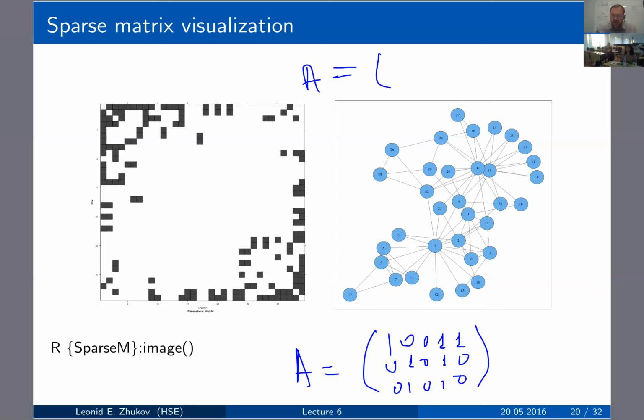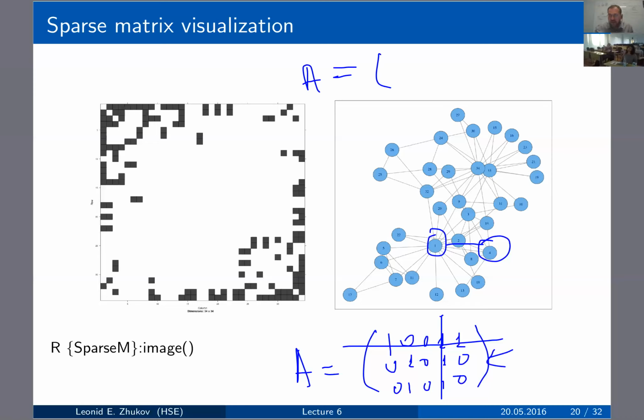For example, I take the first row and the fourth column. What I'm saying is that node number 1 is connected to node number 2. When there is no connection, it's 0 in this matrix. In a sparse representation, zeros are not stored.